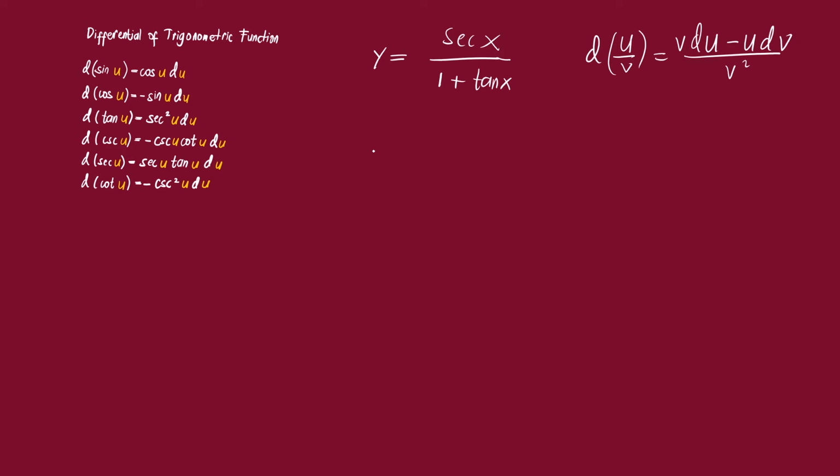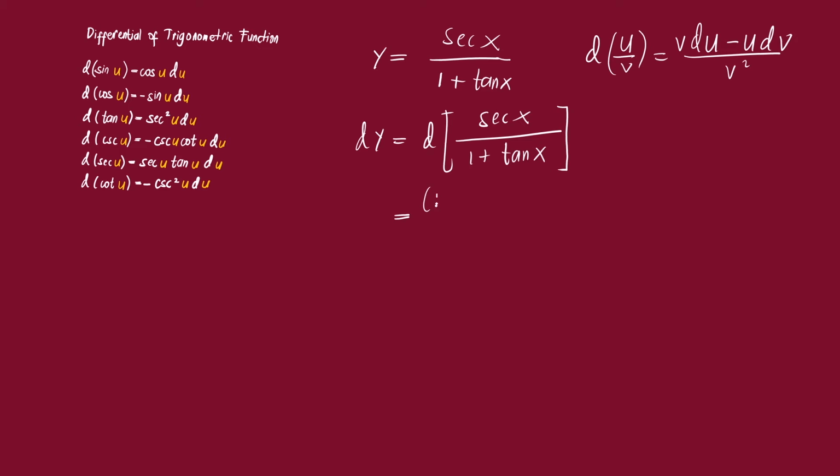Okay, so I will get the derivative of the left side of the equation and also of course the right side of the equation. You have here the derivative of secant x over 1 plus tangent x. Yan. Then evaluating the differential using the quotient rule for differentiation. Take note, your v is 1 plus tangent x and your u is secant x.